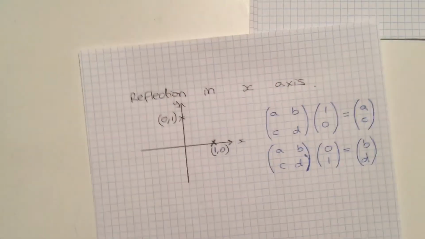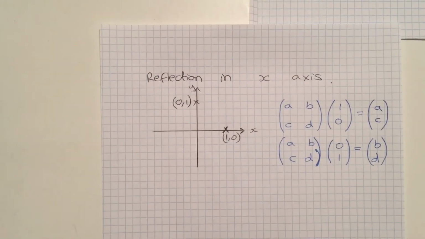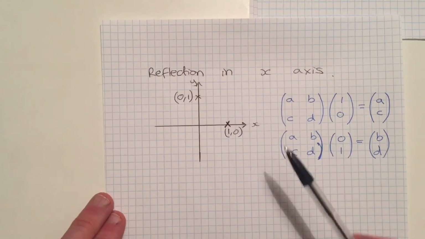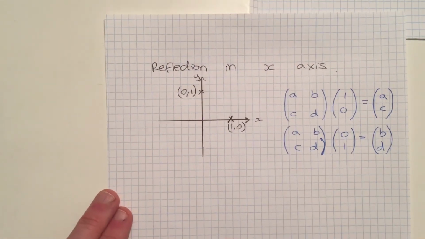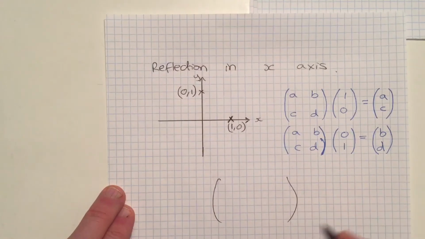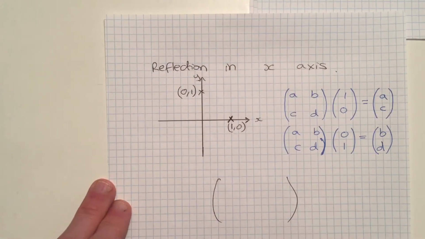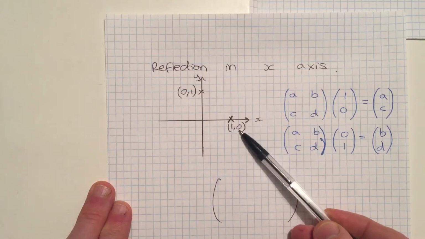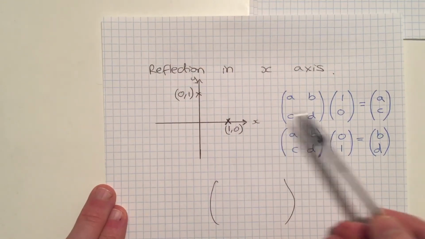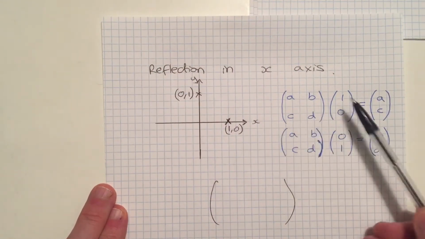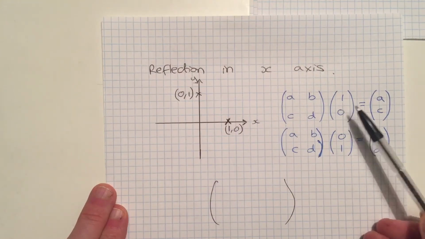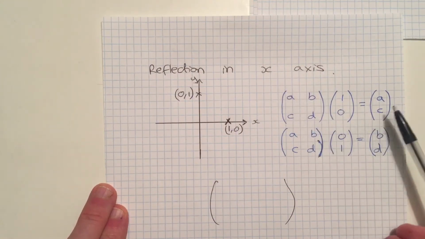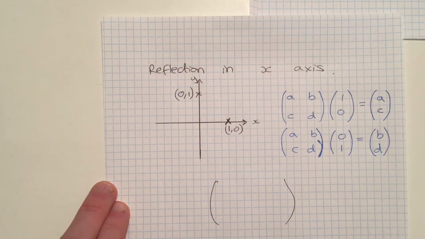So with that in mind, let's figure this out for a reflection in the x-axis. So I want to know what is the matrix that represents a reflection in the x-axis. I've just drawn this out. I've got the coordinate 1, 0 here, and I know that if I can figure out where that coordinate gets mapped to under this transformation, that will tell me what A and C are.